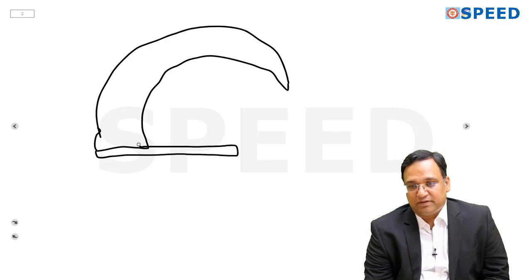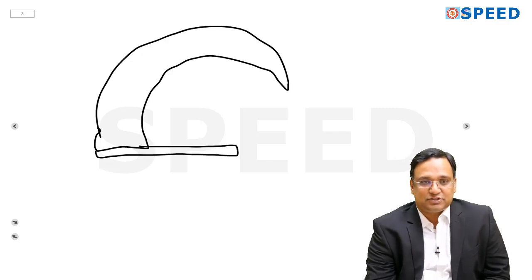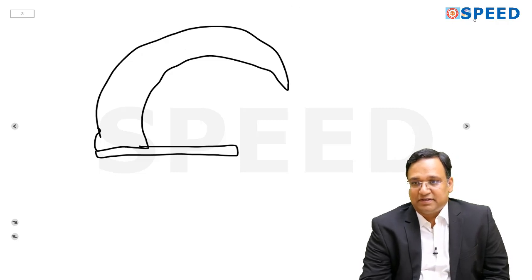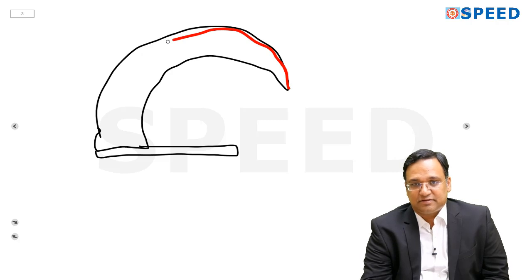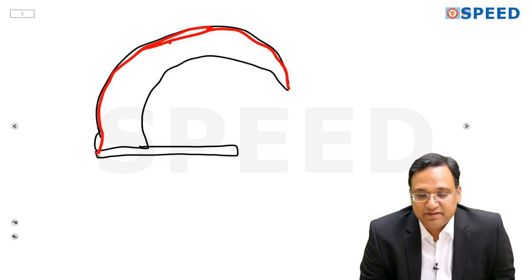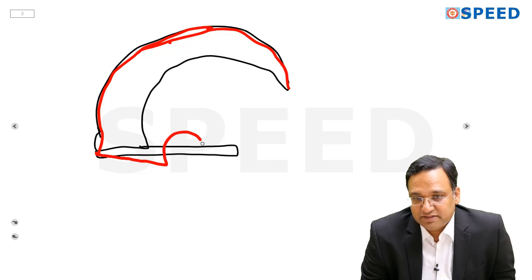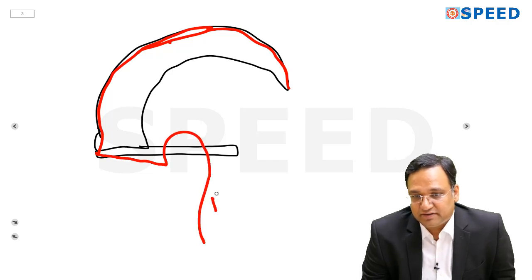The superior aspect of the falx cerebri has the superior sagittal sinus. Then it becomes the right transverse sinus, right sigmoid sinus, and becomes the right internal jugular vein. This is the right IJV.